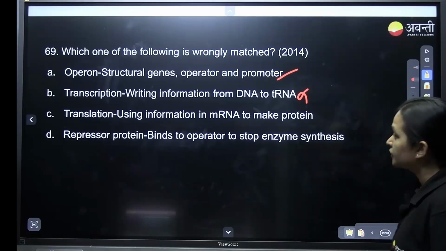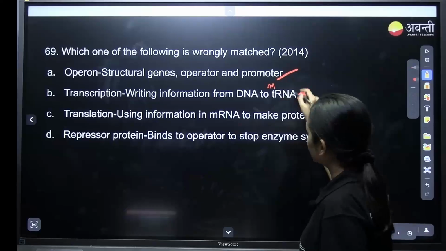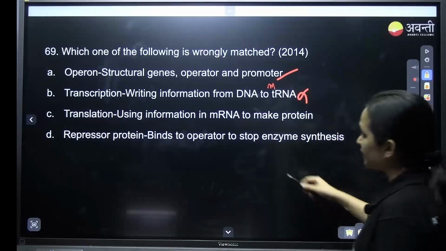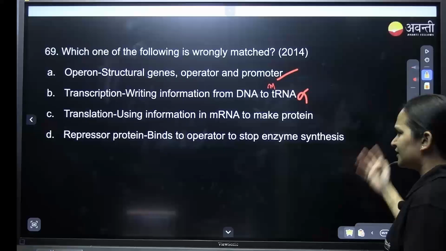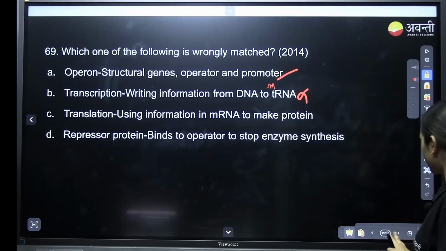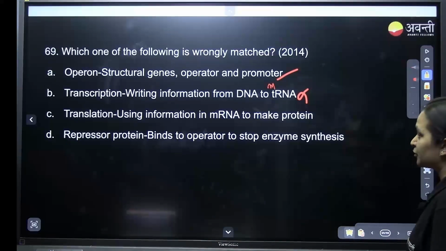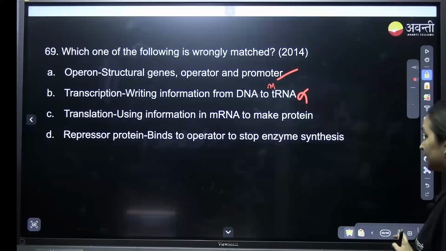It is binding to the mRNA, it is not tRNA, which means this is wrongly matched. Translation, using information of mRNA, rest everything is fine. Stop enzyme synthesis, okay. So this is about transcription, writing the information from DNA to mRNA.